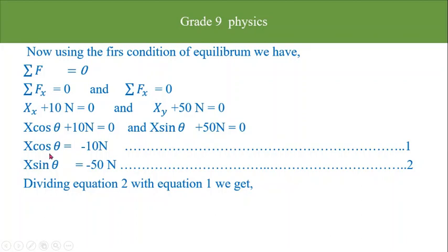So tan theta is equal to minus 50 Newton divided by minus 10 Newton. Therefore, tan theta is equal to 5. This implies that the angle theta can be calculated by taking the inverse of the tangent function. So theta is equal to tan inverse of 5, which is equal to 78.69 degree.